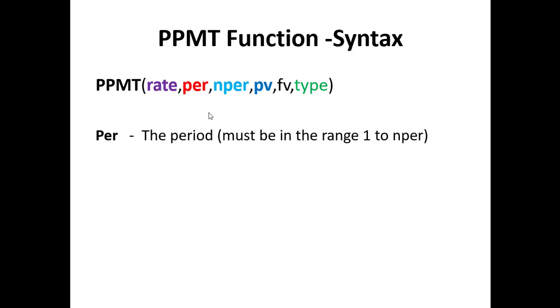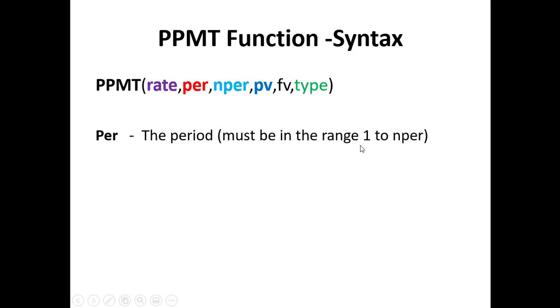When you take a particular loan, it goes from the first installment to the last installment. In a typical loan repayment schedule, you would witness that it starts with 1 and goes up until the last installment. Therefore the PER represents the period and it varies.